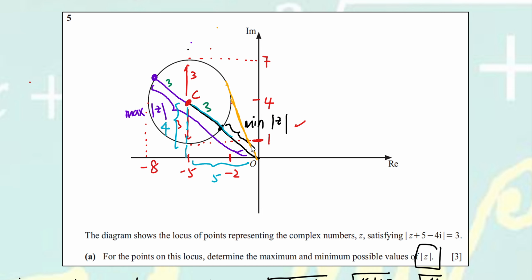This is the minimum, right? Because it's counted from this side. And then here must be 90 degrees, which means now you need to find out what is this angle. So when I need to find out this angle, I know that I have the triangle C, this point, and the O, together with the blue color triangle, which is this, right?